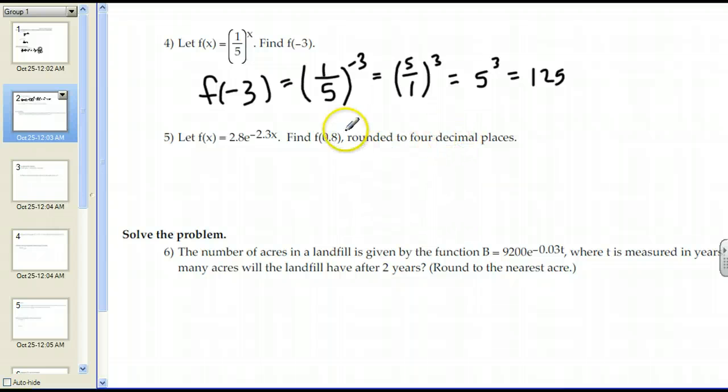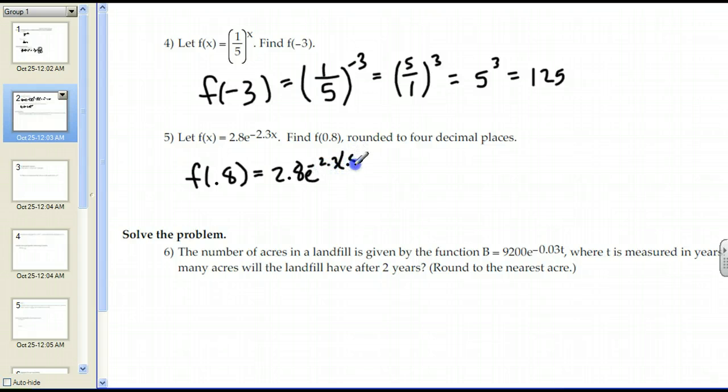And then for this one, we're going to round it because it's not going to be a perfect whole number. So f of 0.8 equals 2.8 e to the negative 2.3 times 0.8. We're approximating it to 4 decimal places.